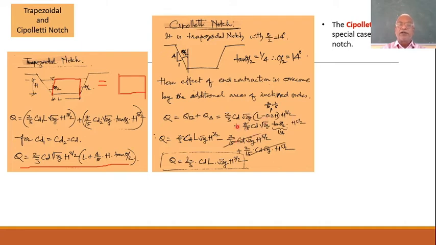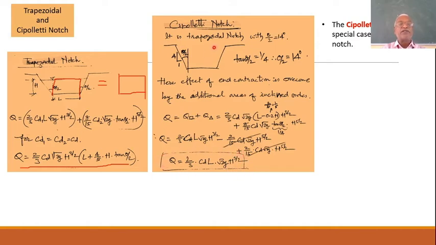And then here, if I substitute for tan theta by 2 as 1 by 4, this also reduces to 2 by 15 CD root 2Z H raised to 5 by 2. So what happens is these two terms cancel off. You will be left with a plain equation Q equal to 2 by 3 CD L root 2Z H raised to 3 by 2, which is an equation for suppressed rectangular weir.